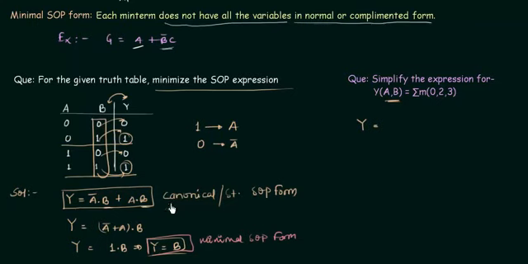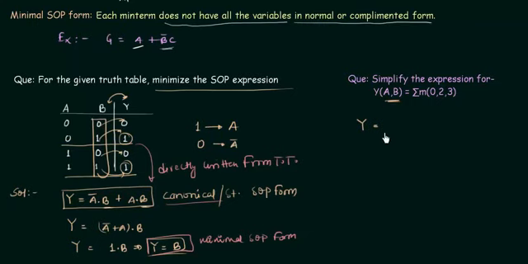You can see that this canonical or standard SOP form we have directly written from the truth table, and in this all the minterms have each variable in complemented or normal form, whereas in this we don't have all the variables in normal or complemented form. A is missing here.